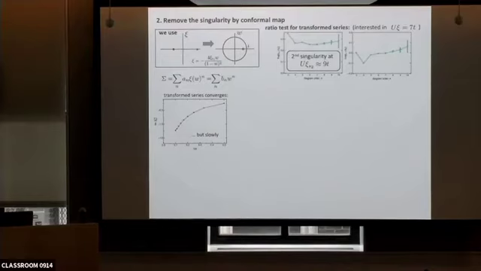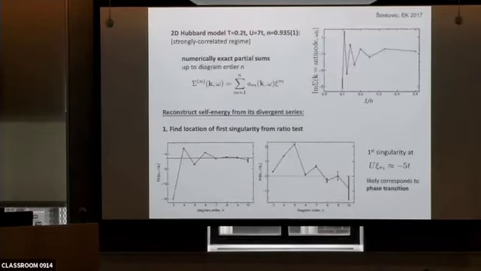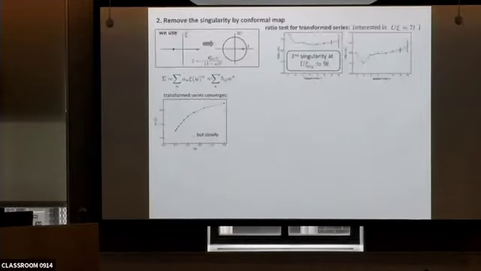I don't need to go into details. It was discussed at length by Xavier, but I just want to mention that typically the singularity on the negative real axis is expected to correspond to the superfluid transition. So the type of the singularity is not a simple pole.